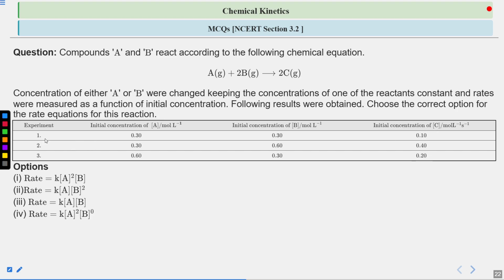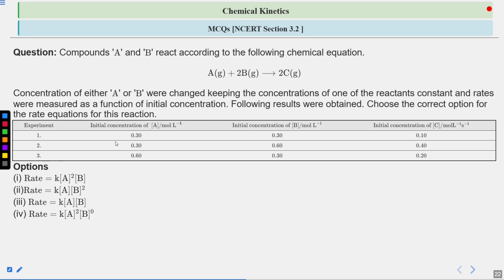In the first experiment we have taken the A concentration as 0.30, and the B concentration similarly as 0.30. So the value for C you get is 0.10. Now in the second experiment, you take the initial concentration of A similarly as 0.30, but you double the initial concentration of B to become 0.60. The value for C you get is 0.40.